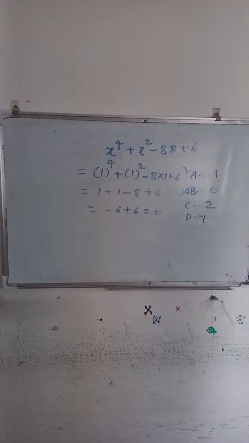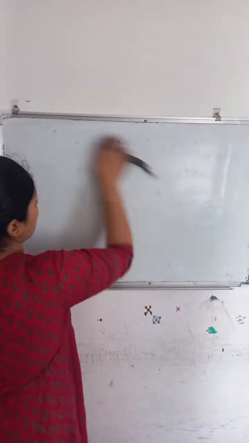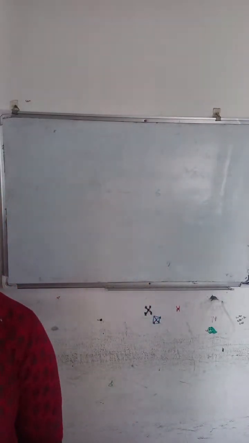Here they gave these numbers and they are asking which identity we can use. That identity they gave as the options. So I will write down first the given question.